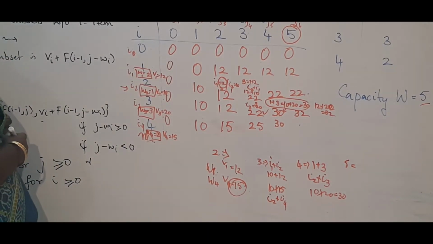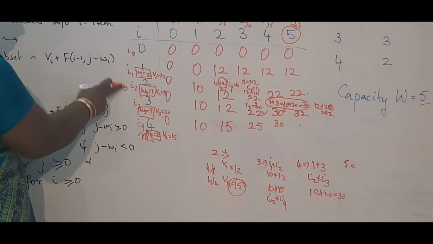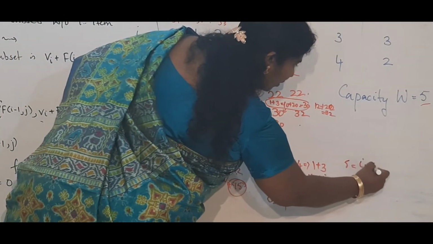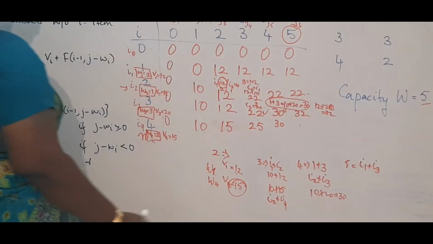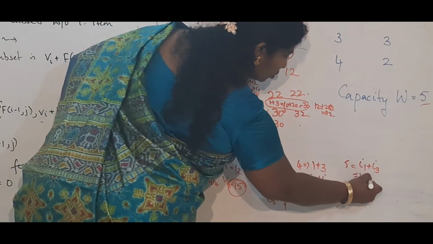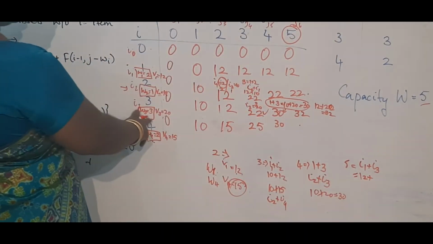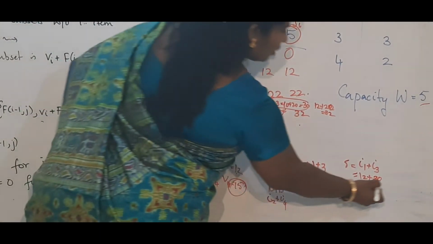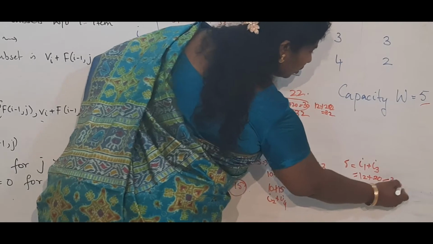Earlier we had the values as this plus this, that is item number 1 plus item number 3. Item number 1 was with value 12, and item number 3 we have value as 20, and the answer was 32.